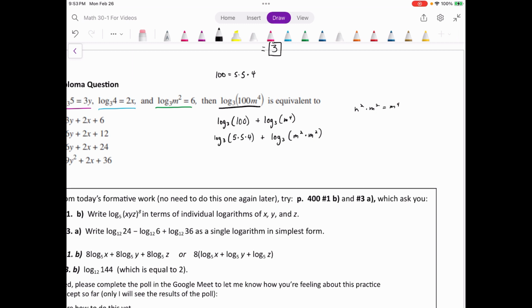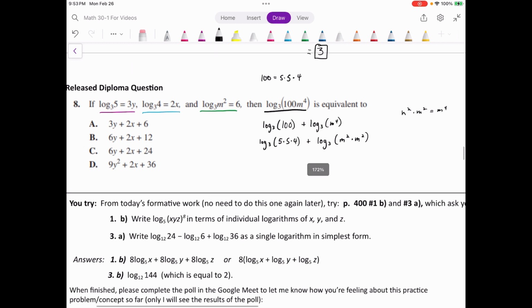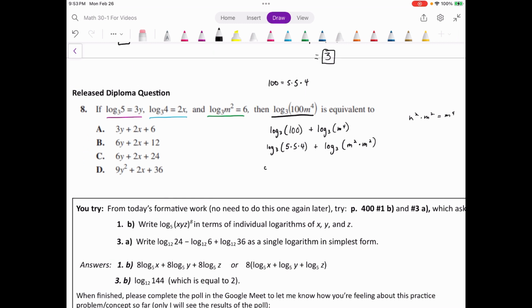Because now, look at this. Here's the magic part, I guess. Not magic, it's math, but it feels like magic sometimes because it's so cool. Log base 3 of, I can split these up. I have 5 times 5 times 4. My logarithm laws tell me I can write that as additions of individual logs. So log base 3 of 5 plus log base 3 of 5 plus log base 3 of 4.